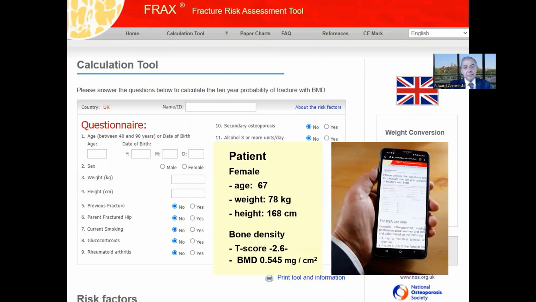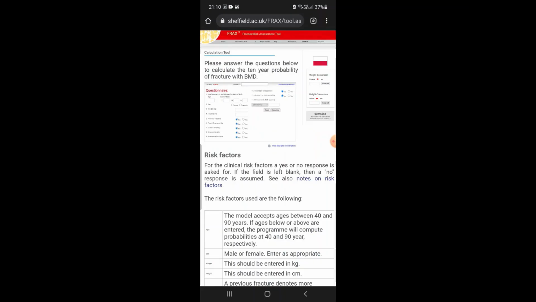Off we go. Here we are with the FRAX calculator. After typing sheffield.ac.uk FRAX, you get the FRAX information.